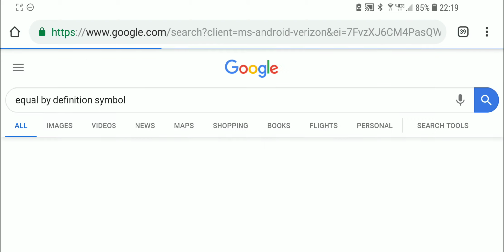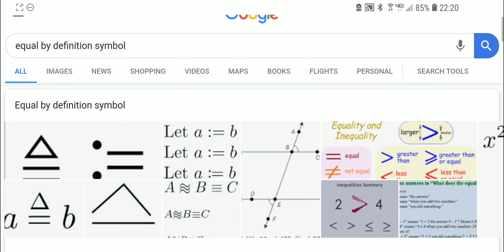So we'll look up the symbol for that. And what you'll notice is that the equal by definition symbol is not the same as just an equal sign. That's what needs to be understood, because now we have all these mathematicians confusing the subject of math. Math is actually relatively easy until people start teaching you incorrectly.